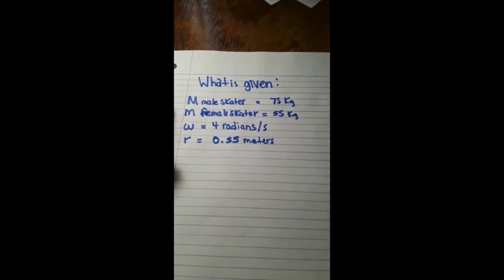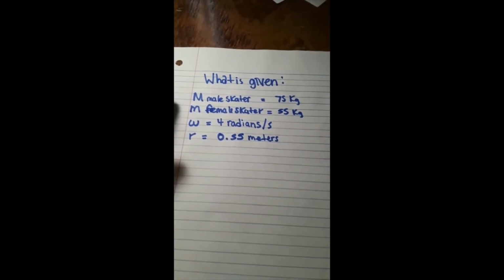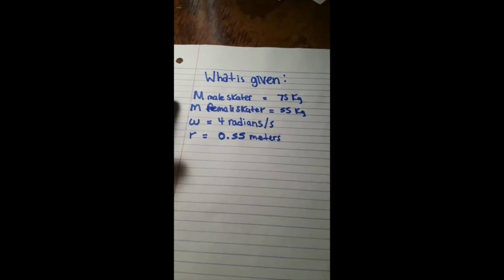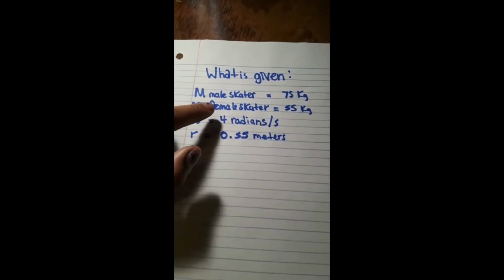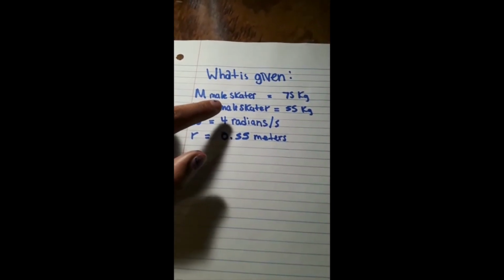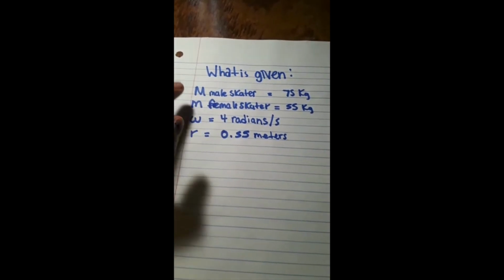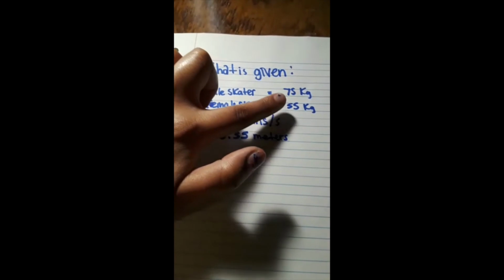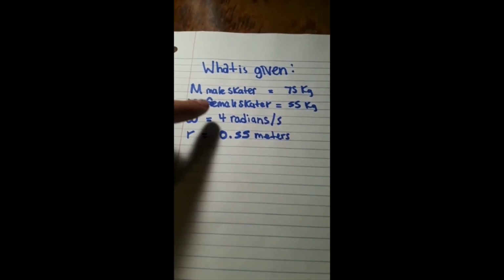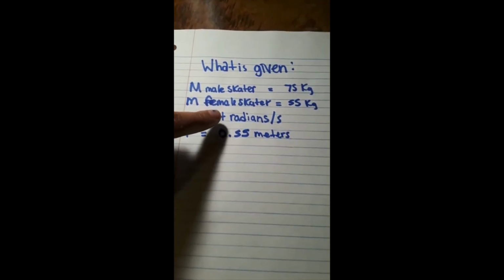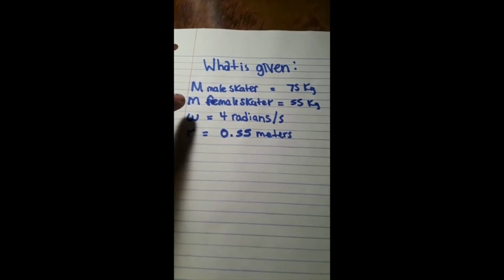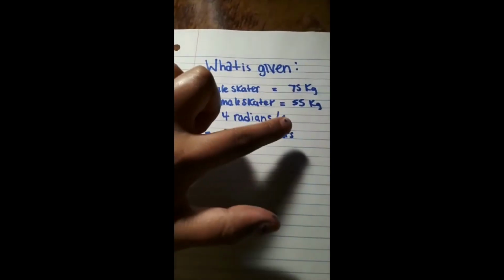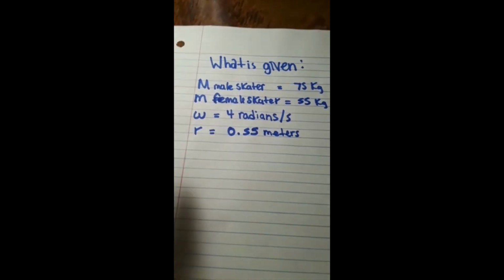So, with the practice problem example given, our male skater mass, symbolized as capital M, is 75 kilograms. The mass of our female skater, which is symbolized as lowercase m, equals 55 kilograms.